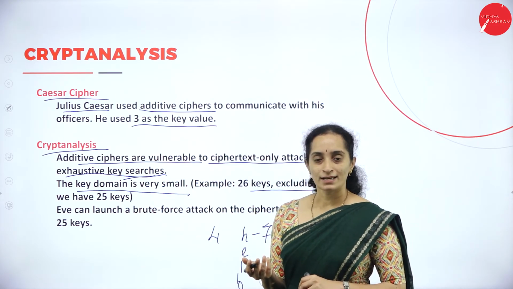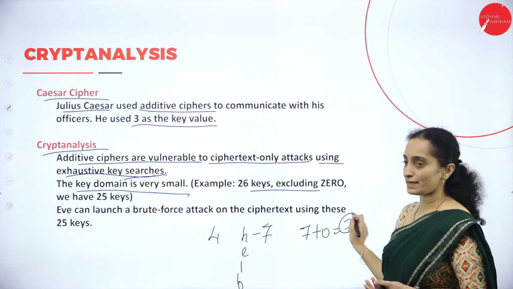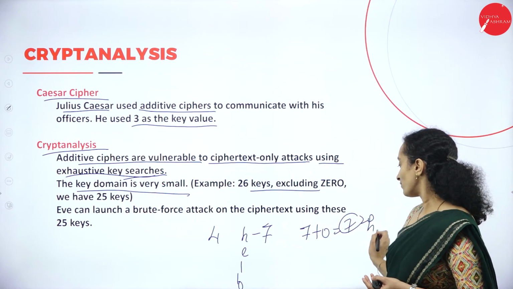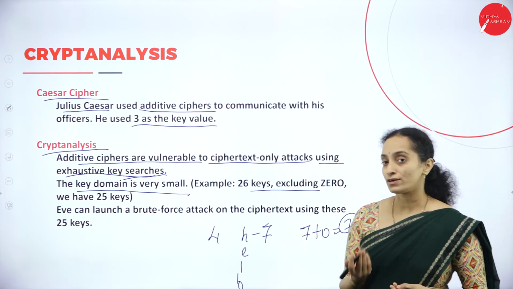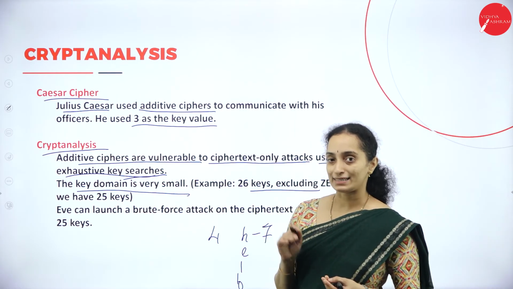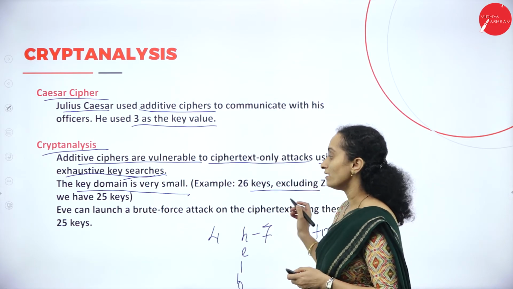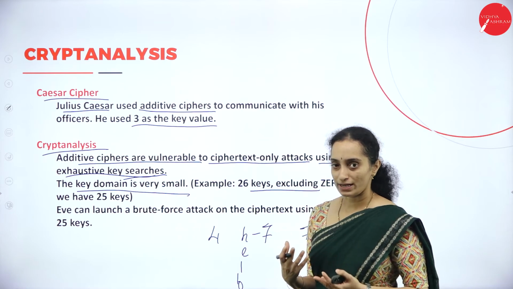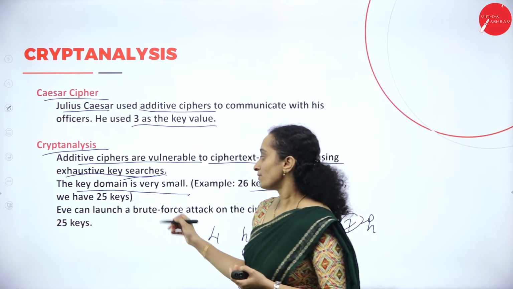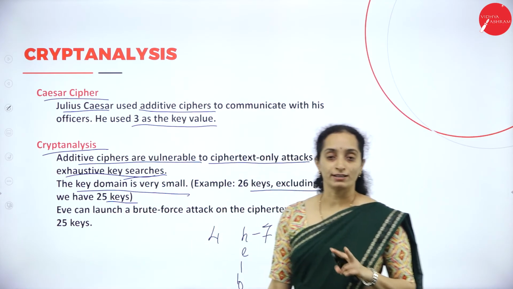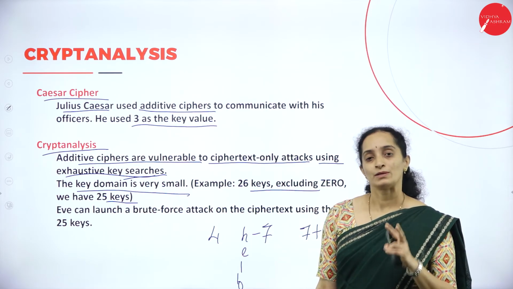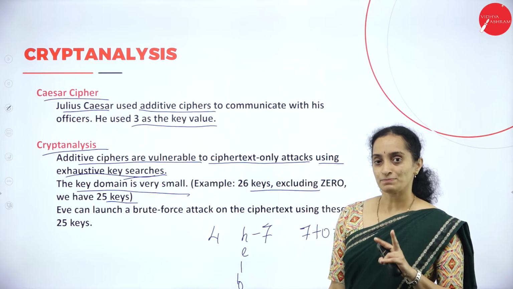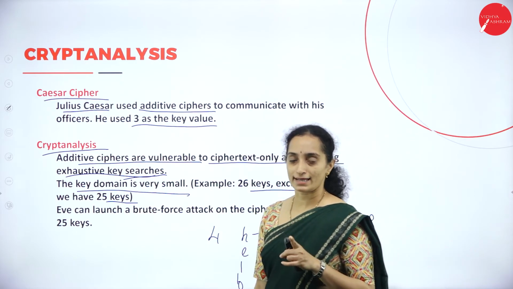That means it is not encrypted at all, because it gives the character H only. So you cannot include 0 as a key for encrypting. So only 25 keys are left. Using only 25 keys, you can easily decrypt the message if you are an intruder or attacker.